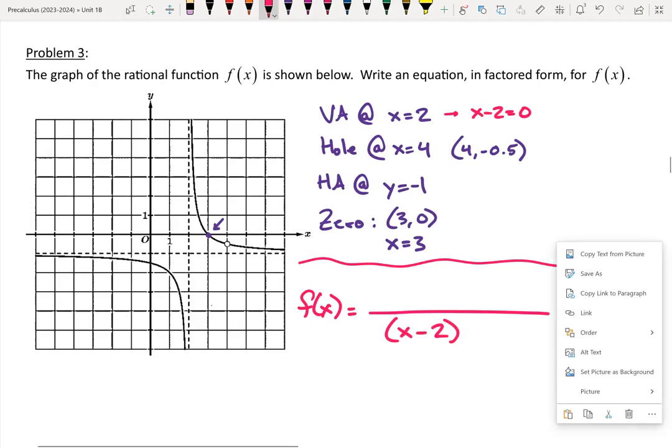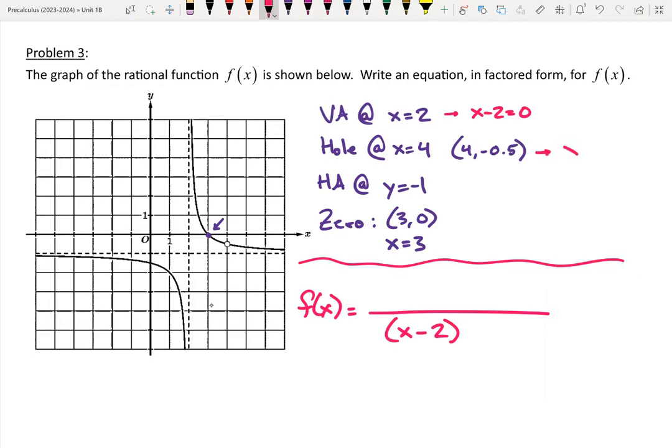And see, we have a hole at x equals 4. Well, that means that I would have had originally x minus 4 equals 0. Now that would have to be a factor in both the numerator and the denominator, so an x minus 4 in both the numerator and the denominator. And then it says we have a horizontal asymptote at y equals negative 1.